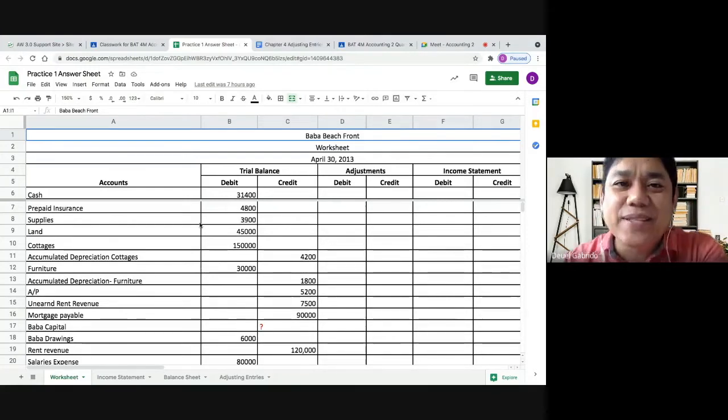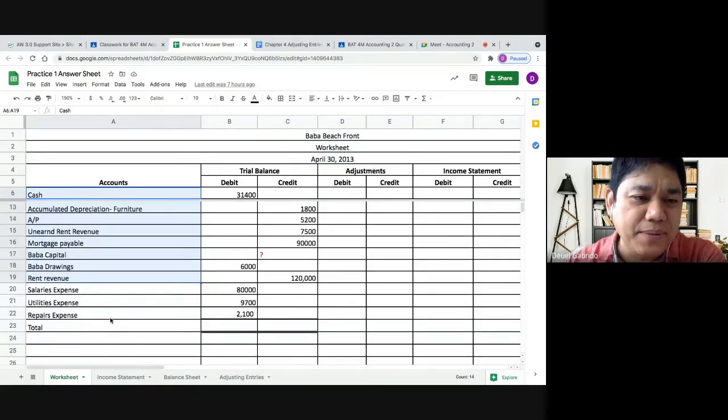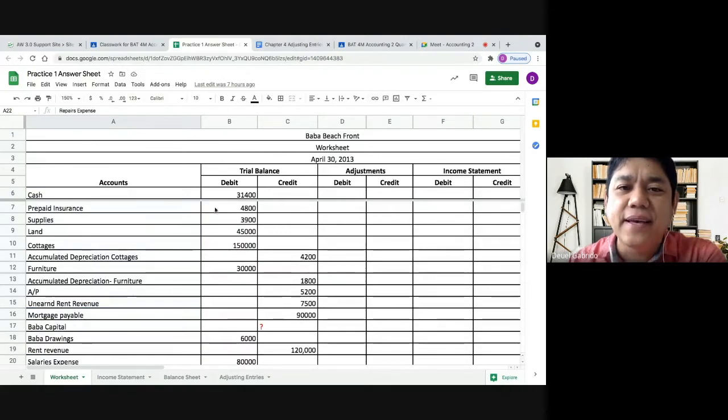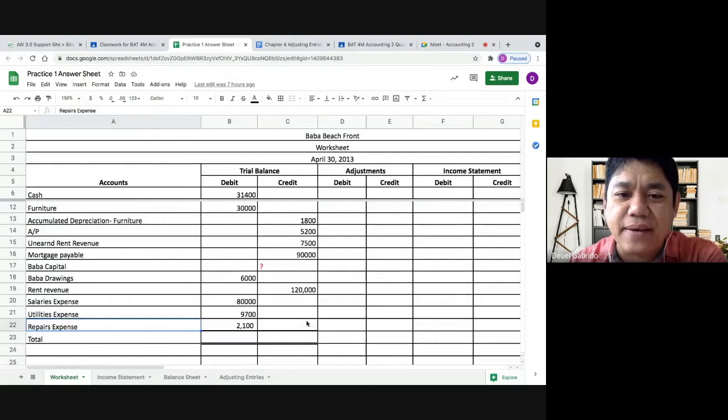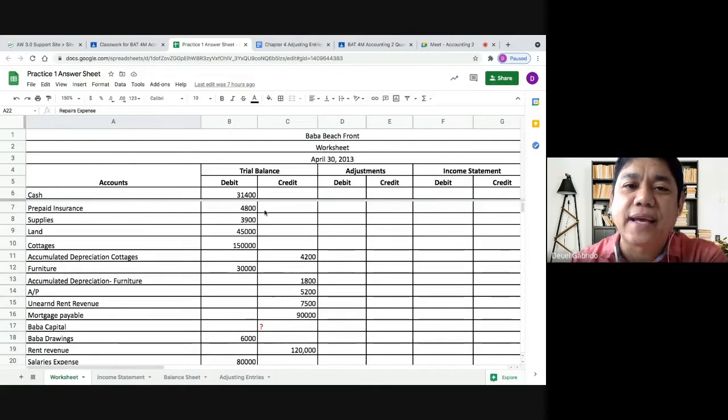Okay, so the first step again in making a worksheet is we write down the title. And then we copy the trial balance from cash going all the way down to repairs expense. Copy the debit and also the credit. Now the first thing we should do is get the total debit and credit of the trial balance.